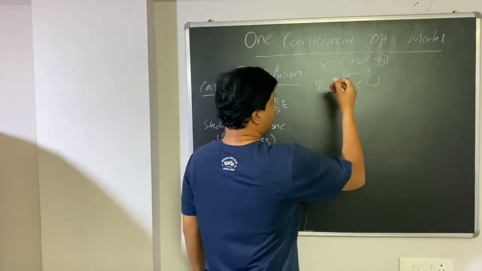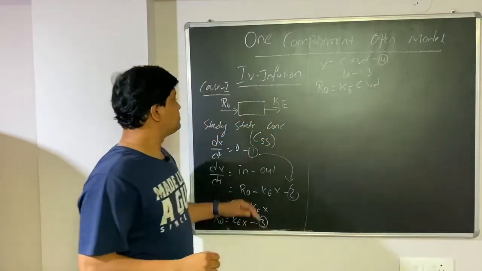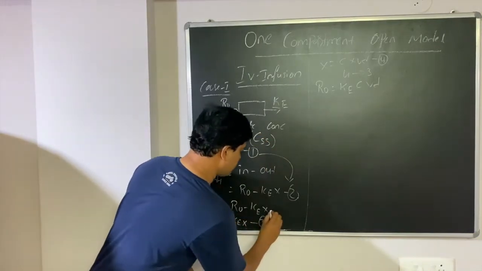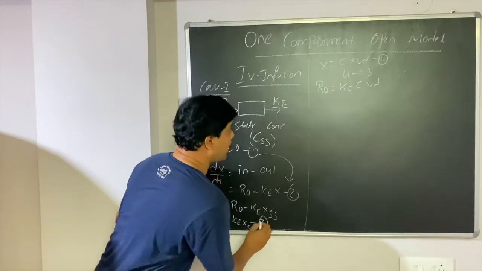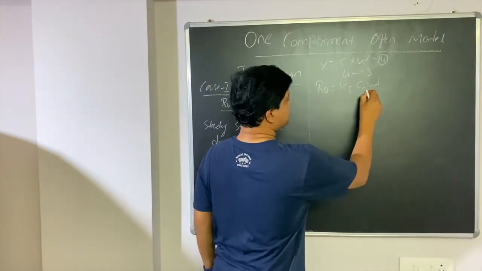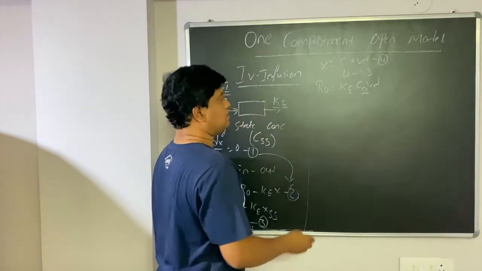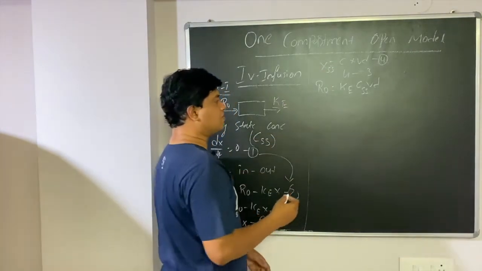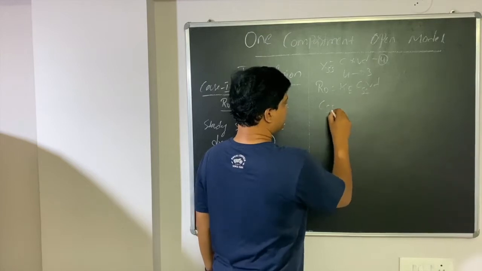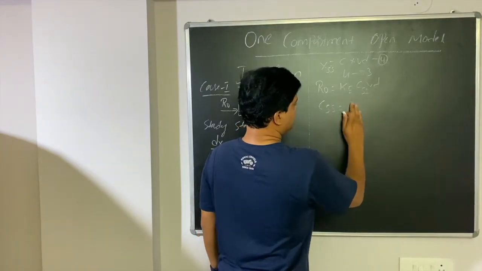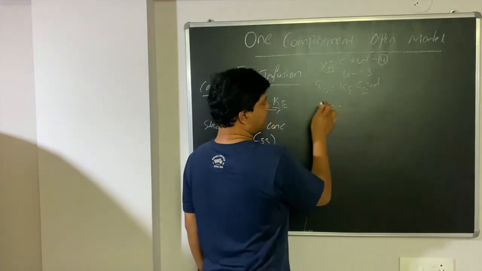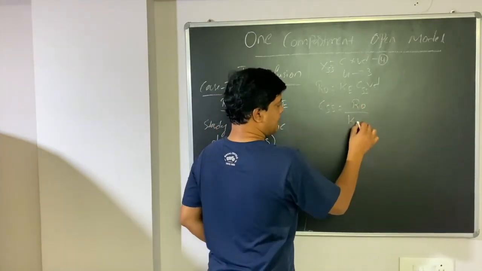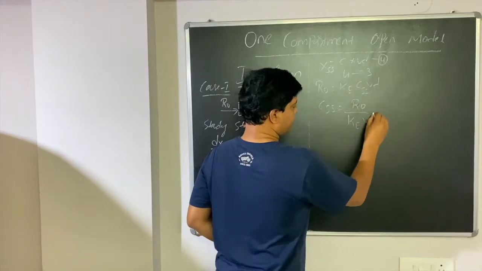Because we are talking about the steady state concentration, whatever amount I am taking here will be steady state and the corresponding concentration will be steady state. Rearranging the equation, steady state concentration is equal to R naught by Ke into Vd, as Ke and Vd go to this side.